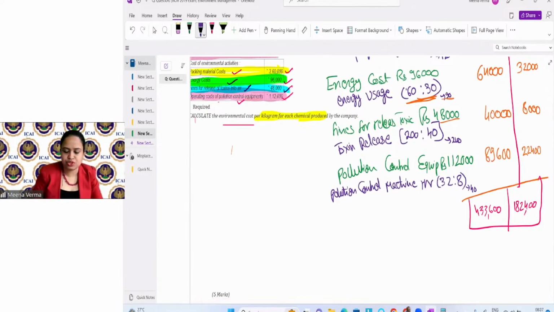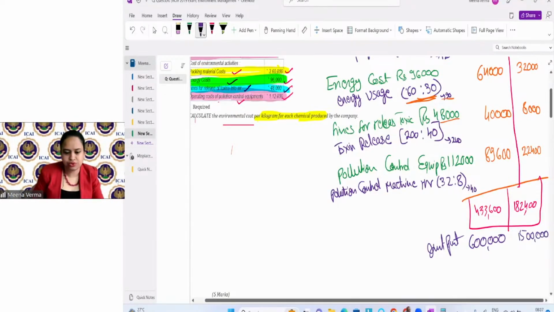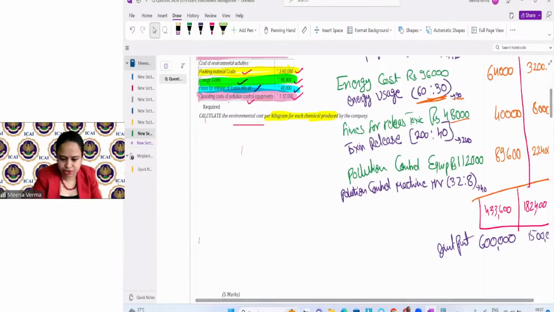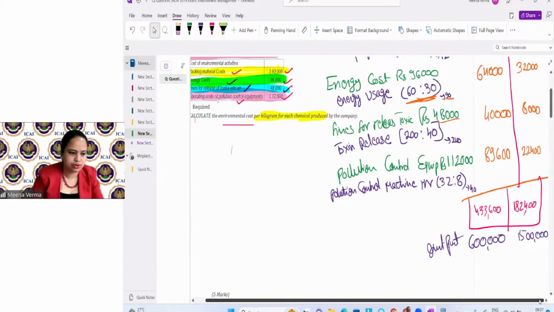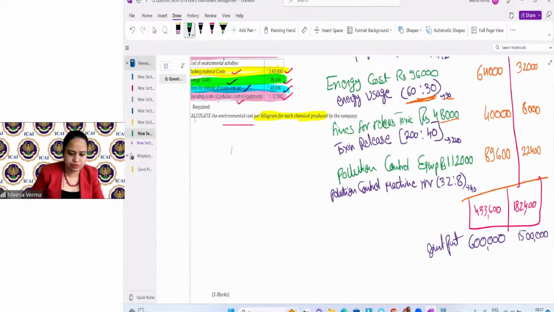So the output which you are producing here is 6 lakh, and here we are producing 15 lakh output. Find the cost per unit. Write it here. See what it is coming to.